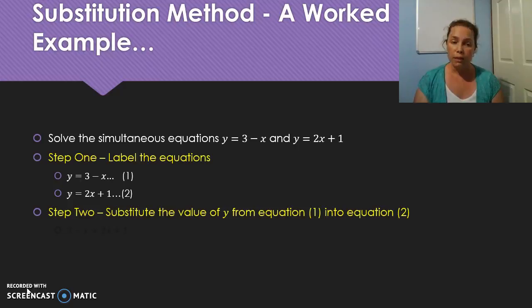Now in this case it's quite simple because we already have both equations in terms of y. So instead of saying y is equal to 3 minus x and y is equal to 2x plus 1, what we can say is 3 minus x must be equal to 2x plus 1 because we know that our y values are the same.